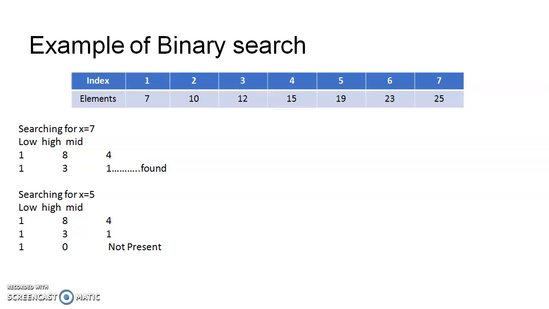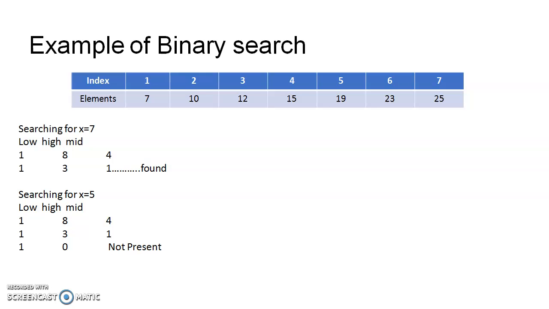Suppose we are searching for element 5 which is not present in the list. Again we divide the list into two halves by comparing it with the middle element. Our search is narrowed down to the left list as the element present at mid position is 15 and we are searching for 5. 5 is less than 15, so we search only in the left half of the list.